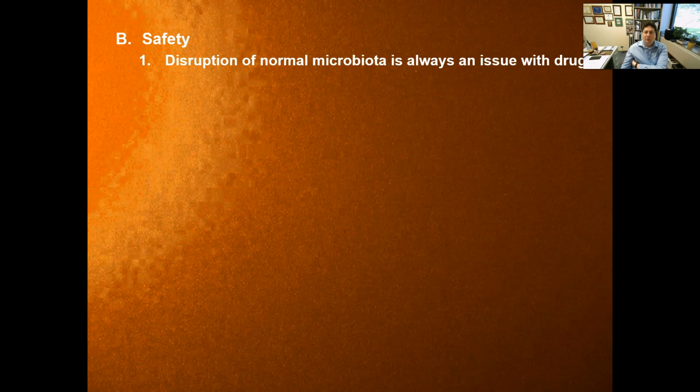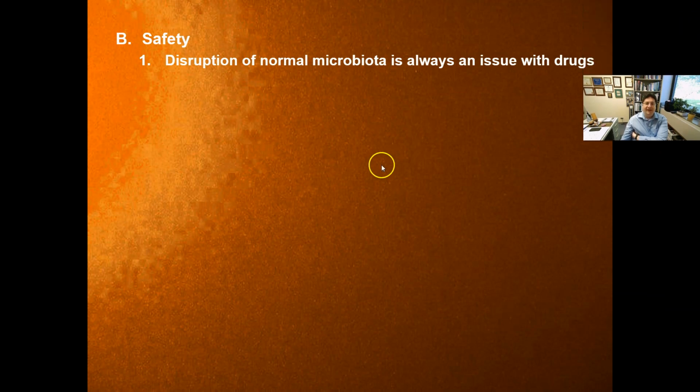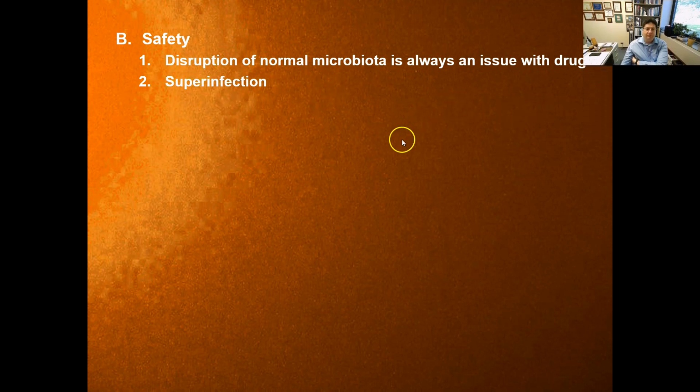The second one is safety, okay? You need to keep in mind that drugs have the potential to kill your normal microbiota and your normal flora. So disruption of normal microbiota is always an issue with drugs. And the reason for that is it can lead to what's called a superinfection.